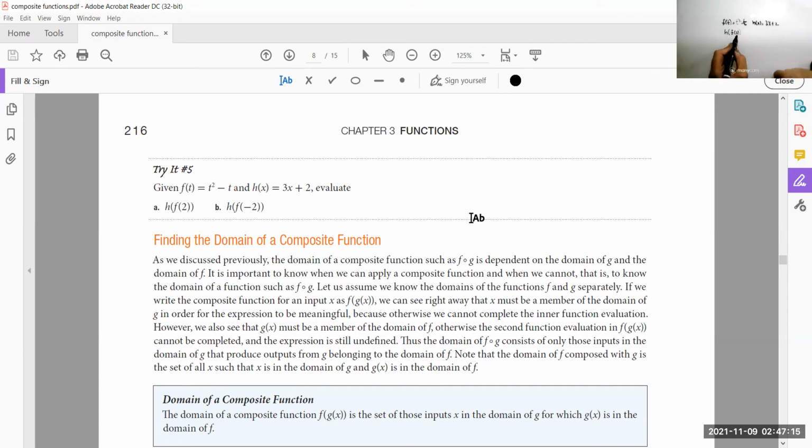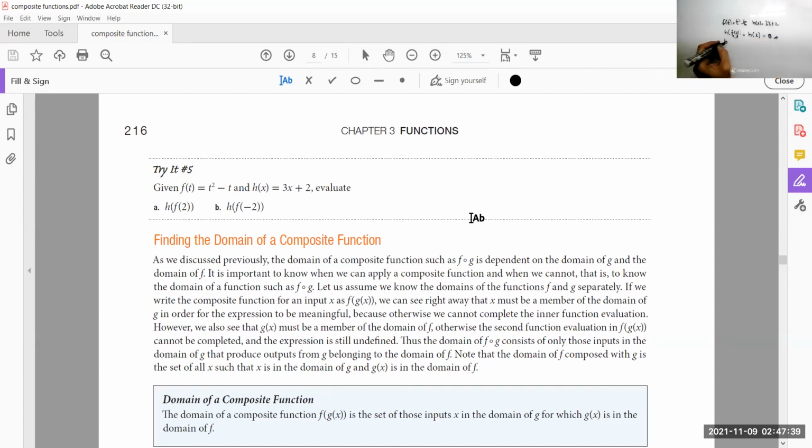So what do I have here? When the input 2 goes into f, I need to evaluate f when t equals 2. So we have 2 squared, that's 4, minus 2, that will be 2. So we're looking for h of 2. Once again, the 2 goes into h, so 3 times 2, that's 6 plus 2, 8.